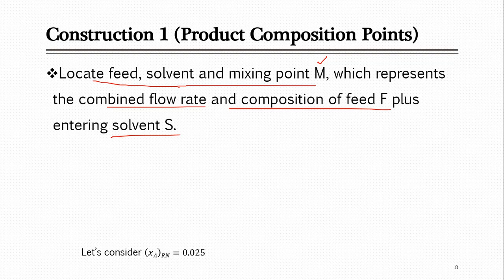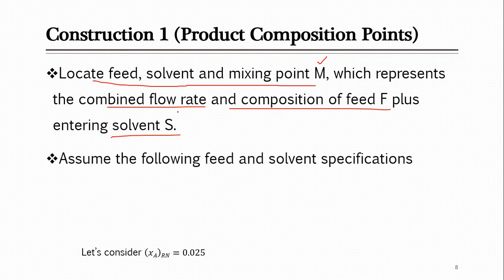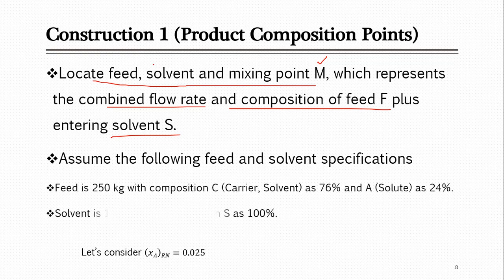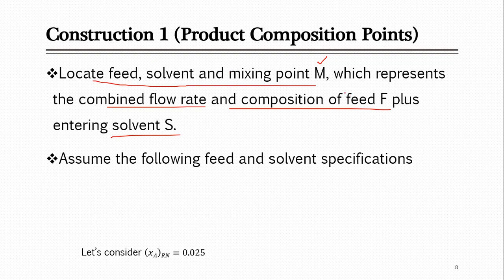What you should know here is that the feed should be given, the solvent should be known, and their specifications, like their composition, should be known. Then definitely you will be able to calculate the amount of M, as well as its mass fraction or composition, with the help of all that data.